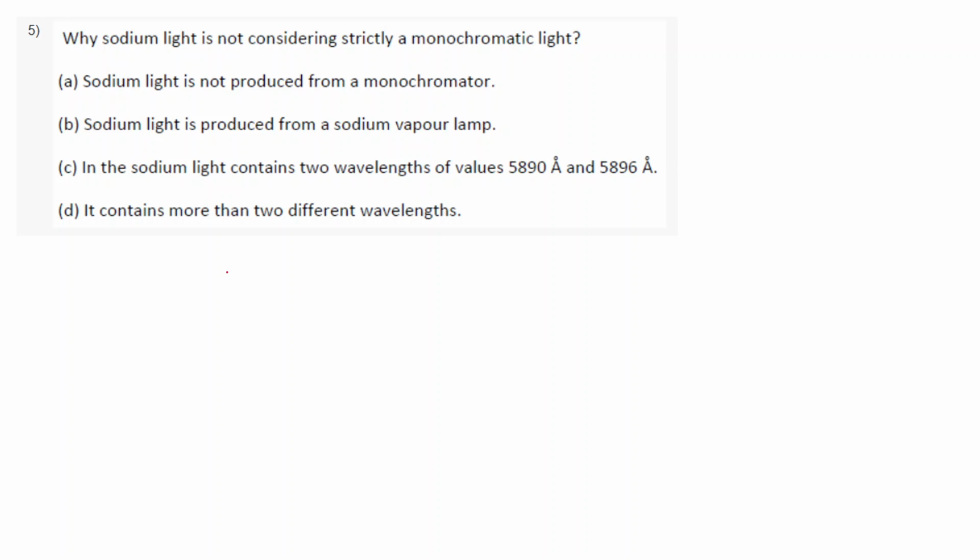Next question, the fifth question: why is sodium light not considered strictly a monochromatic light? Again, if we study further, maybe in coming weeks, when we discuss in detail these absorption and emission spectra, we'll discuss that.